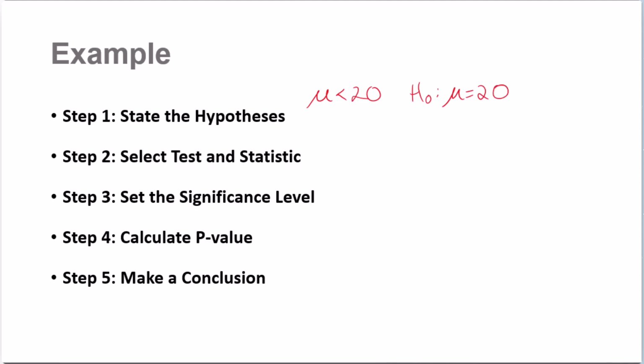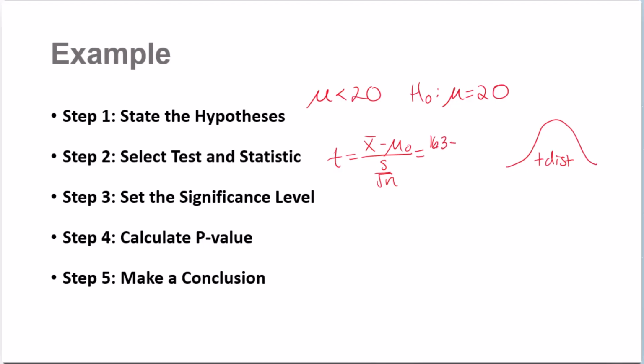Next I would select the test statistic for a single mean claim. This is going to use the t-distribution, and the test statistic would look like x-bar minus mu 0 over s over root n. In this case, our x-bar was 16.3.